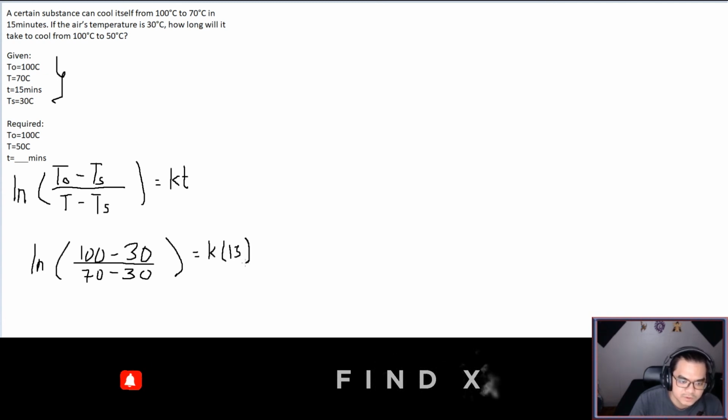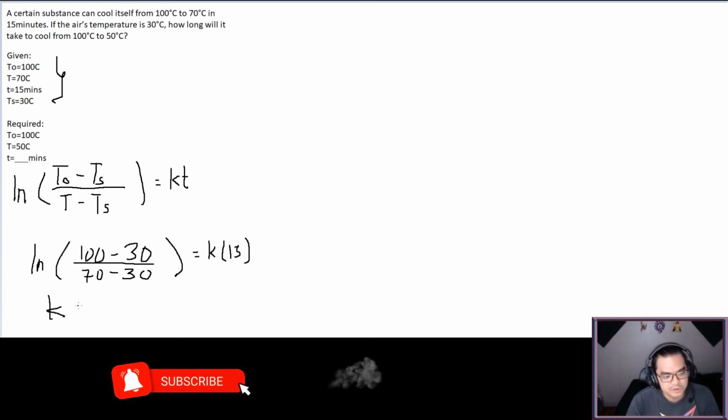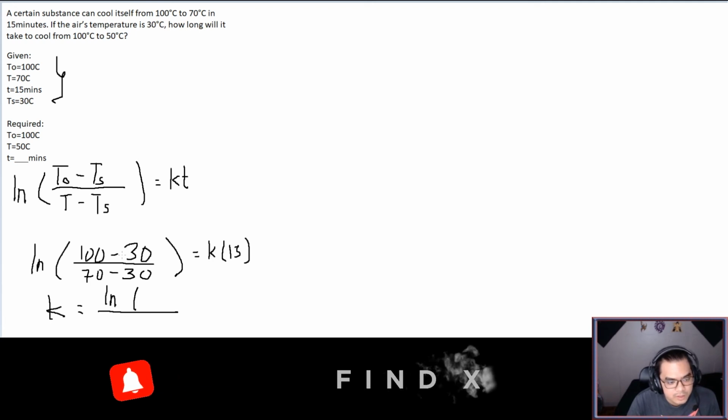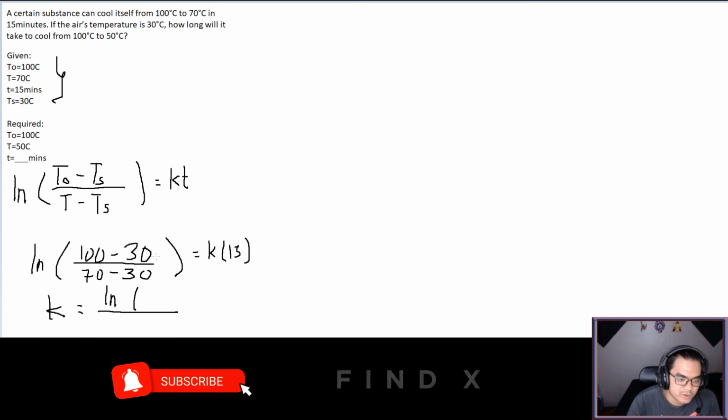Therefore the value of k is equal to ln of 70 over 40, right? That is 100 minus 30 is 70, 70 minus 30 is 40. Therefore, we have 70 over 40, or simply 7 over 4, all over 15. That's the value for k.